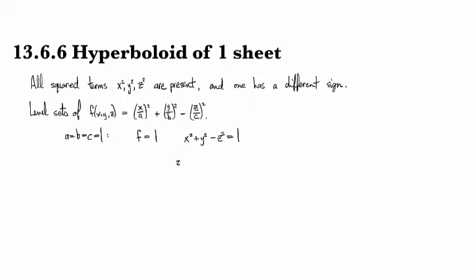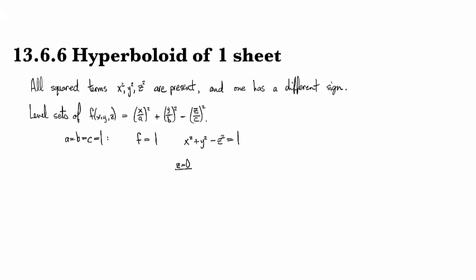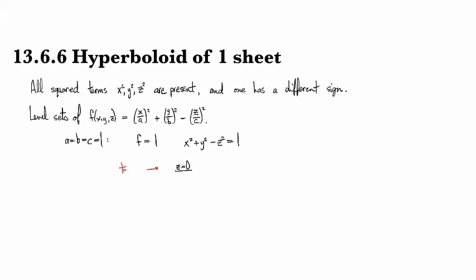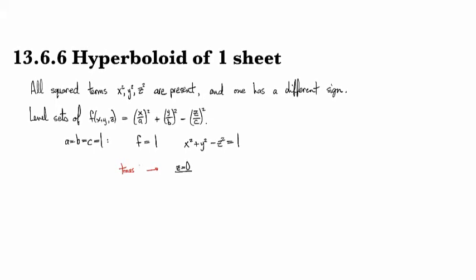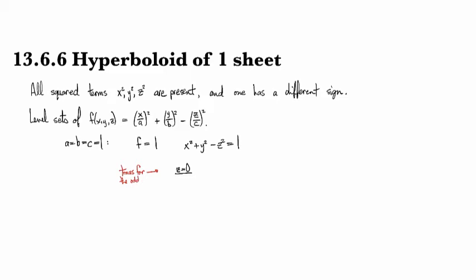So if we do z equals 0, and by the way, it's typically easiest when you're looking at things like this to look at traces for the odd man out.